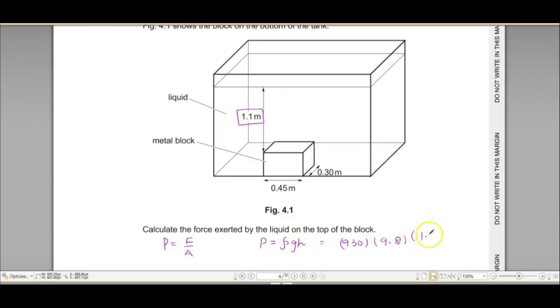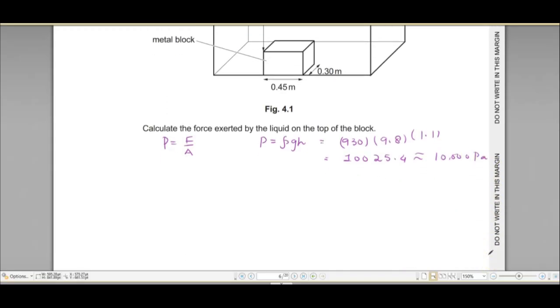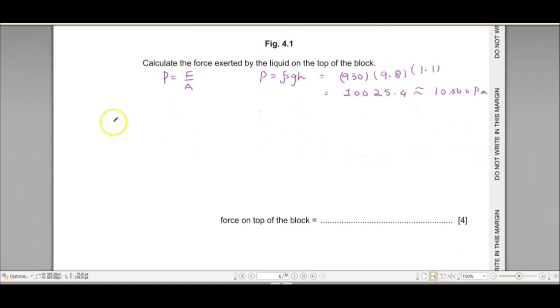So we are going to put in these values and we will get an answer of 10,000 pascals when rounded off. Okay, so now once we have our pressure, we can easily put in the values and find the force.